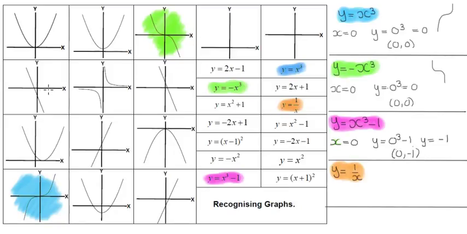Well, I don't know about you, but I can't see any more weird kind of S shapes, okay? We know we're going to have this kind of S shape because we've got a positive x cubed, so it's similar to this one up here. But there's literally no more on this diagram. So we're going to probably have to draw ours here. And we know that it crosses at 0, so when x is 0, y is minus 1. So somewhere down here. So I'm drawing this one on because we haven't got any others on here.